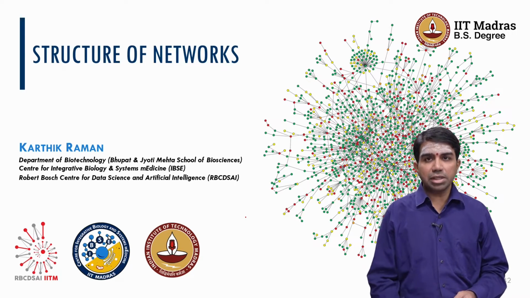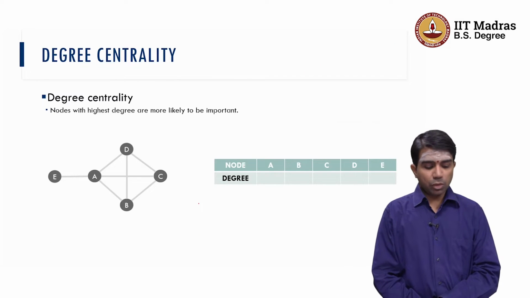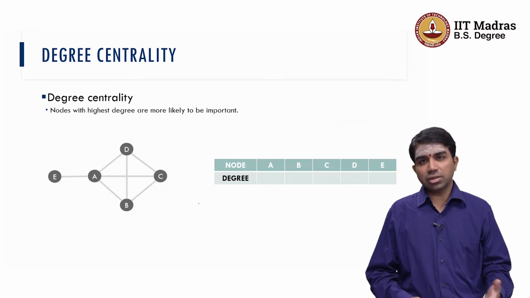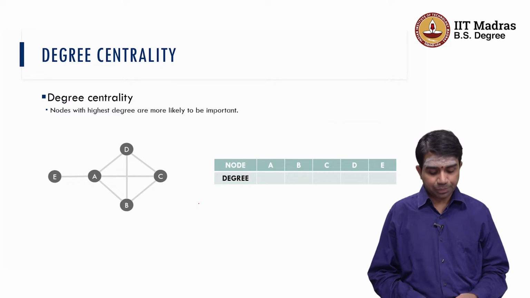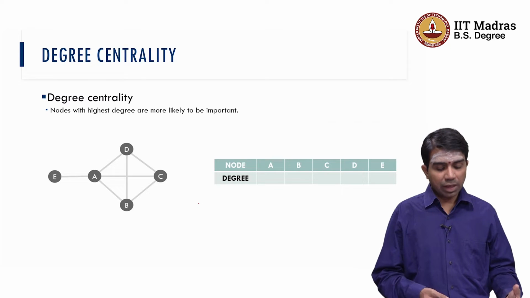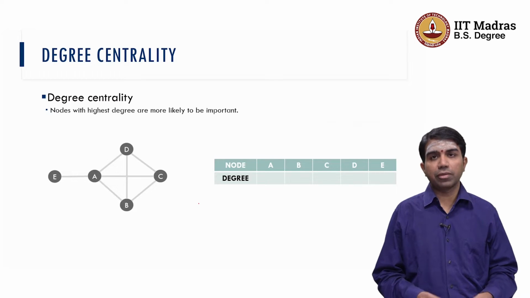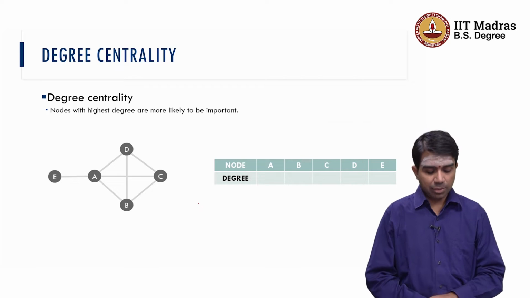The first and the simplest centrality measure that we have is known as degree centrality. What is degree centrality? This stems from the fact that nodes with a higher degree are meant to be more important. We already know what degree is. Degree is the number of edges that emanate from a given node, or the number of edges incident on a given node. In an undirected graph, it does not make a difference.